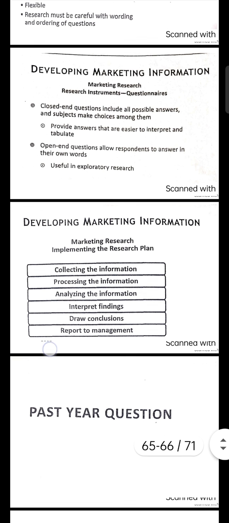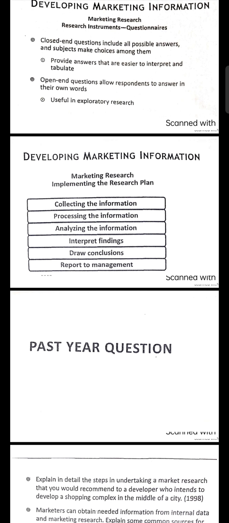And the next one, developing market information. Marketing research: implementing the research plan, collecting the information, processing the information, then analyzing the information, then interpreting findings and drawing conclusions and reporting to the management.